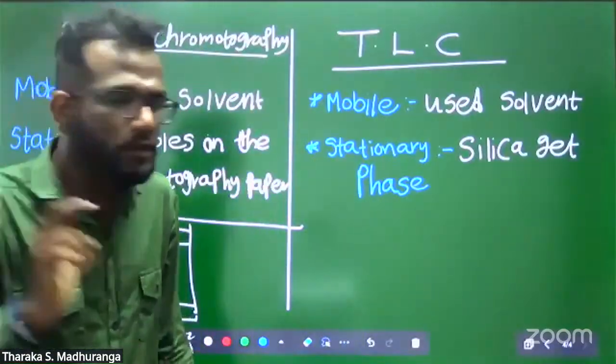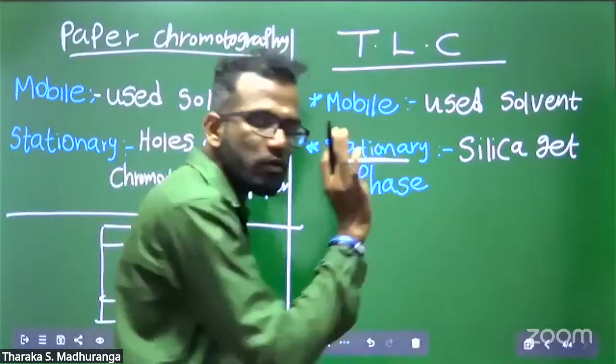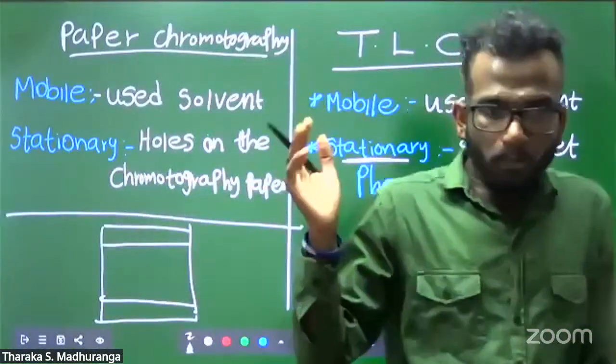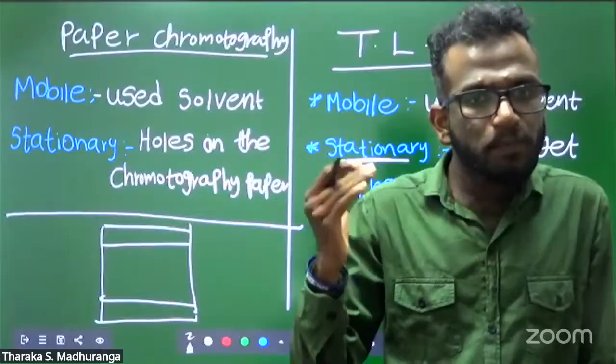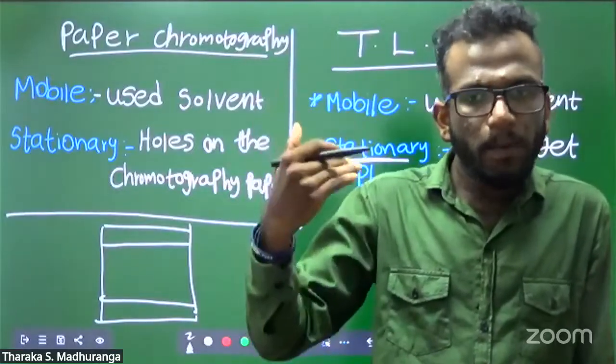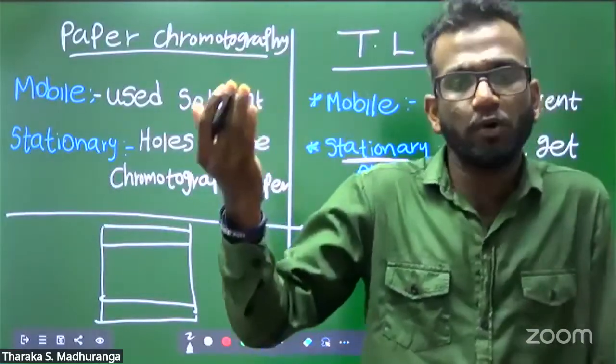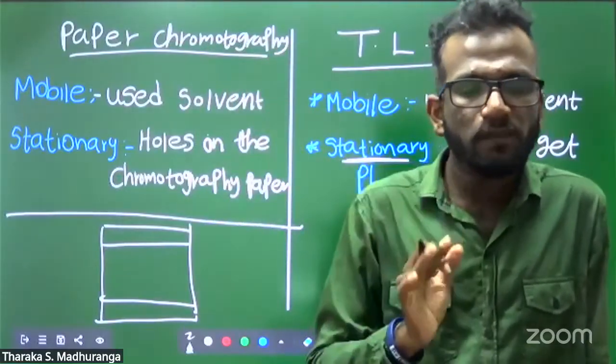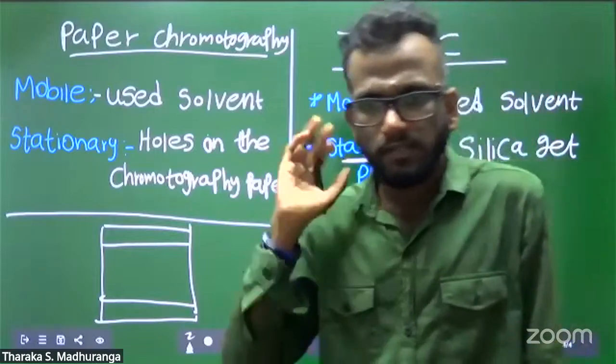is not moving. The stationary phase is not moving. The mobile phase helps to carry compounds upward, but it is also moving. That is always solvent. The stationary phase changes from method to method.